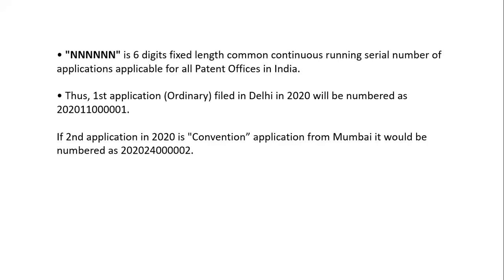Then again 1 for the ordinary application, followed by the 6-digit serial number. If a conventional application is filed in Mumbai, what would be the case? 2020 would be the year, 2 is the jurisdiction for Mumbai, 4 is for the conventional application, followed by the 6-digit serial number.